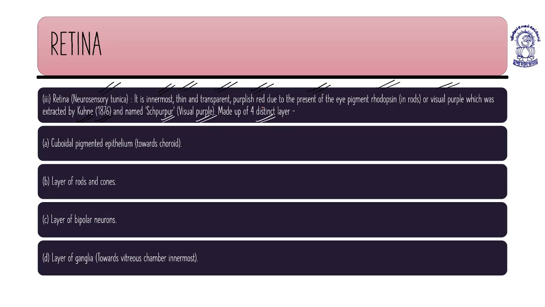It is a neural coat and sensory layer of the eyeball. Its external surface is in contact with the choroid.